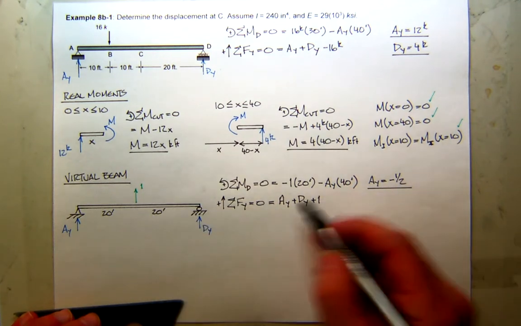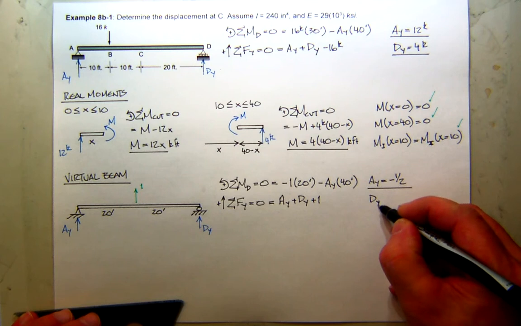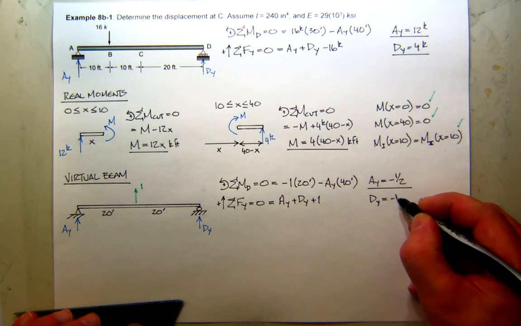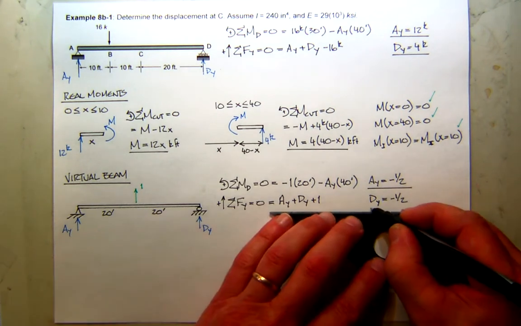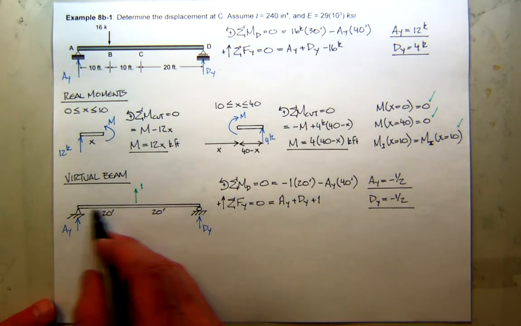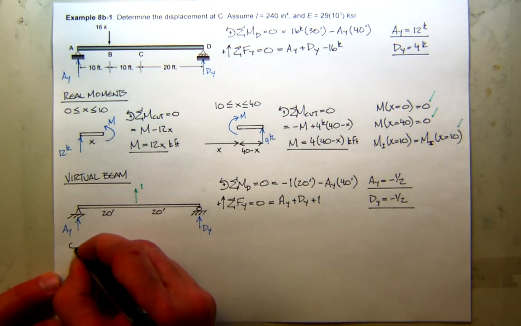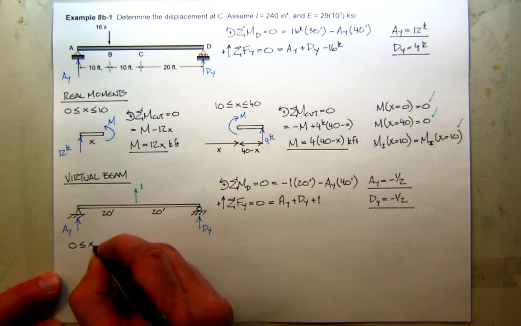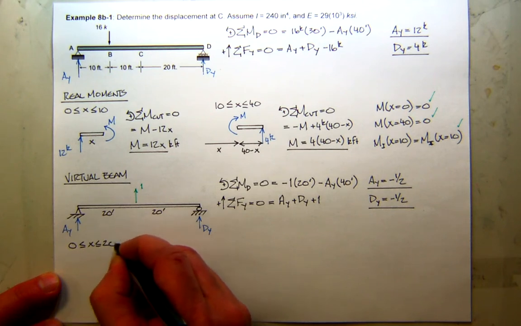So I plug in AY here, you find that DY is also negative 1/2. That's not a surprising result. So now I've got to develop the virtual moments for this system. So I'm going to cut it here. So the first one will be valid from 0 to 20.